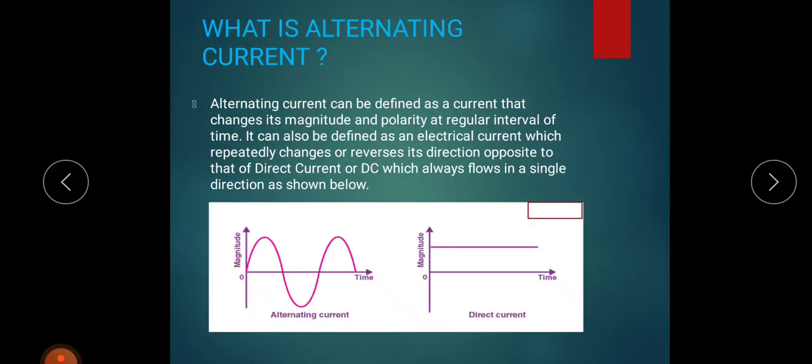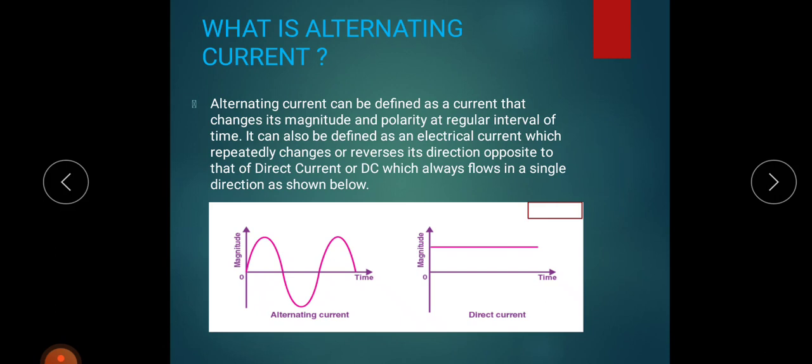Go to next slide. What do you mean by alternating current? Here alternating current can be defined as a current that can change its magnitude and polarity at regular intervals of time.